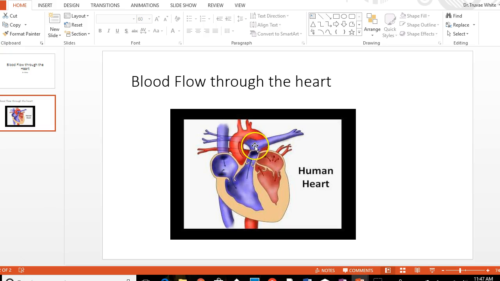And then it's going to branch into the right and left lungs. So this vessel is going to pump into the right and left lungs, so still deoxygenated blood. The right side of the heart pumps deoxygenated blood to the left lung and to the right lung. So I don't have any lungs here because I'm focusing on the blood flow to the heart.